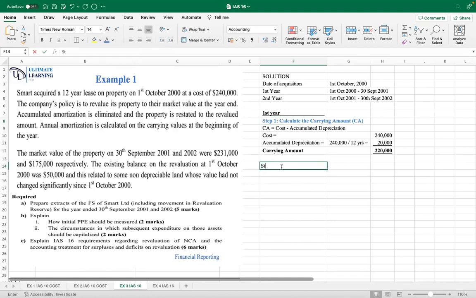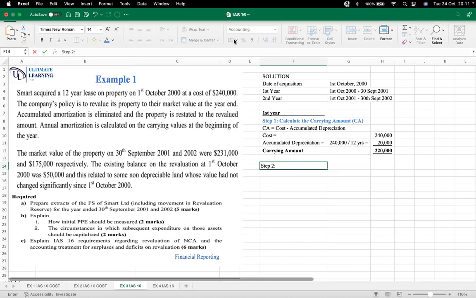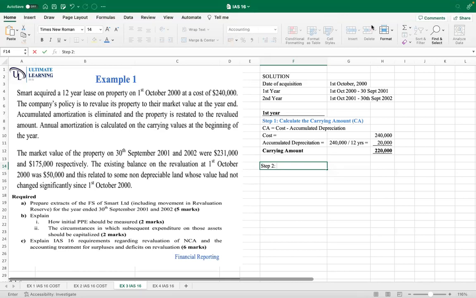Let's go to step number 2. Can somebody type for me in the chat? What is step number 2? What do we find in step number 2? Response in the chat so that the forum is participative. Step number 2, what do we calculate? I'm waiting in the chat.